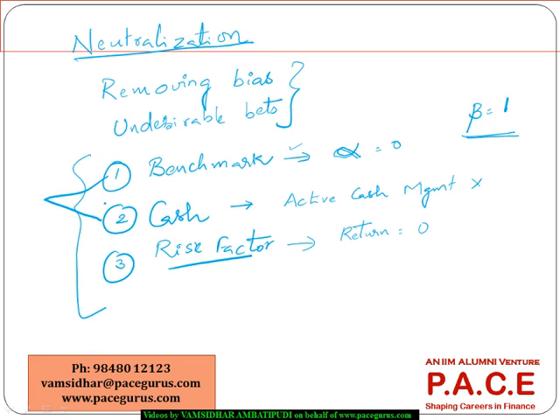Now, the next dimension that we need to look out for is the concept of transaction costs. It may appear that these costs are typically negligible when we are looking at the bigger picture.